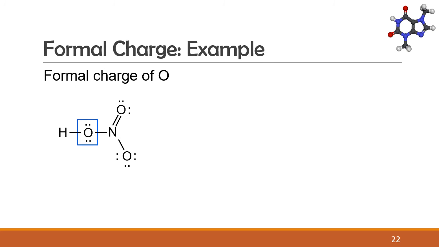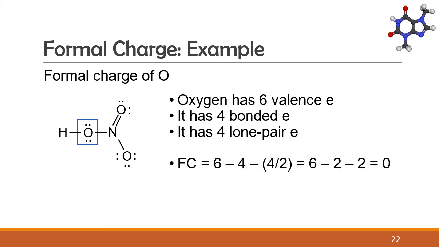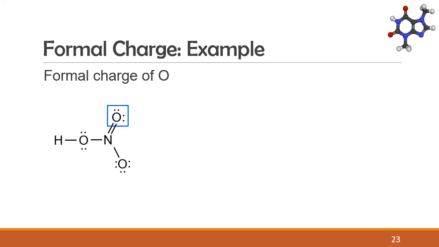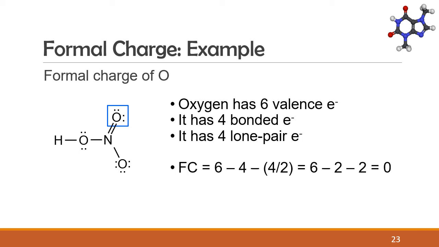Then we go to the first oxygen atom. Oxygen has 6 valence electrons. It has 4 bonded electrons and 4 lone pair electrons. Based on the formula, the formal charge of oxygen is 0. Then we go to the next oxygen atom. It has 4 bonded electrons and 4 lone pair electrons.